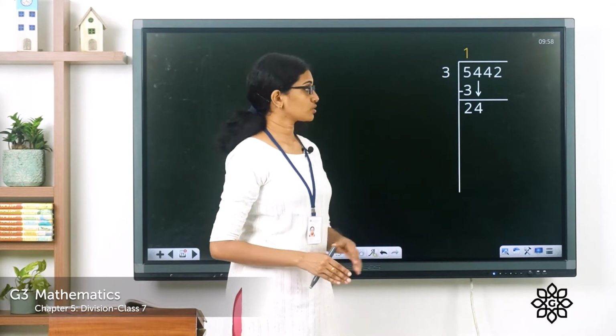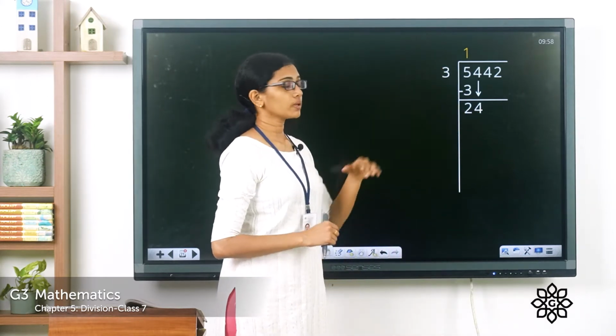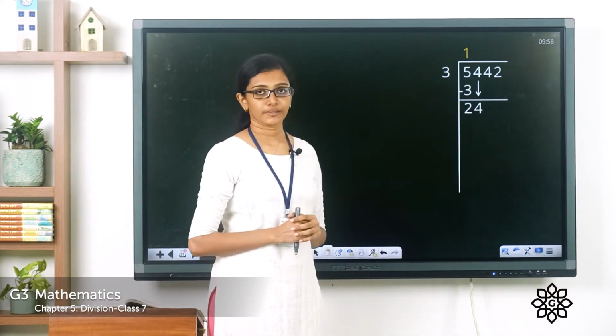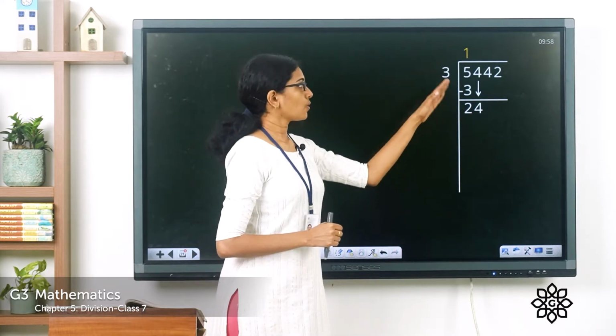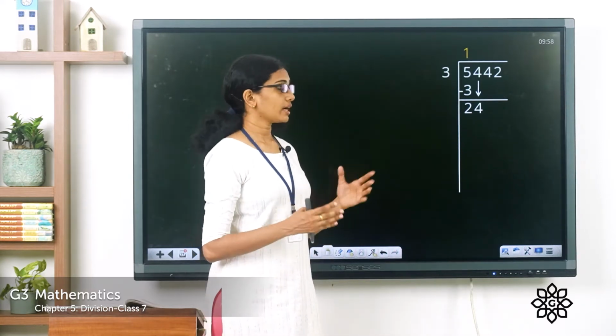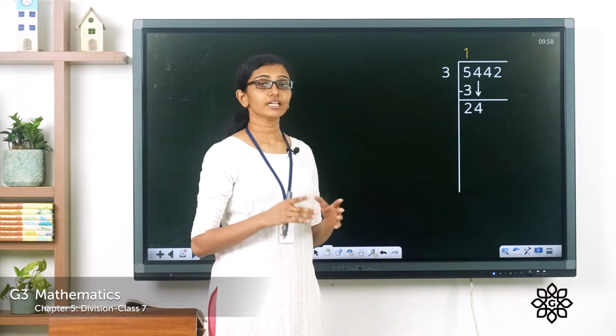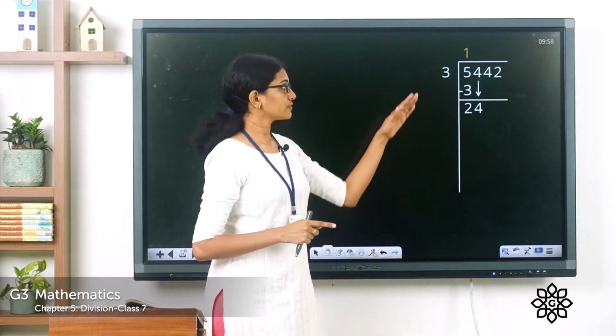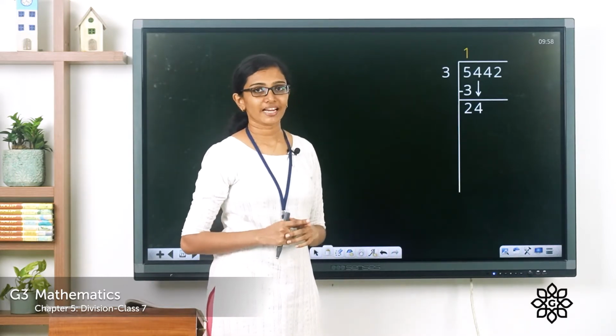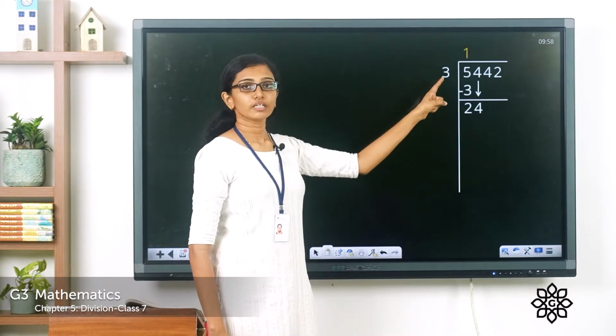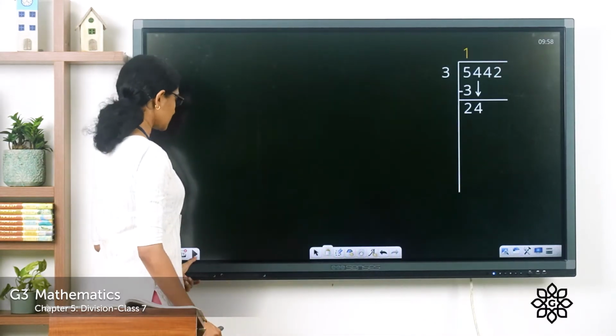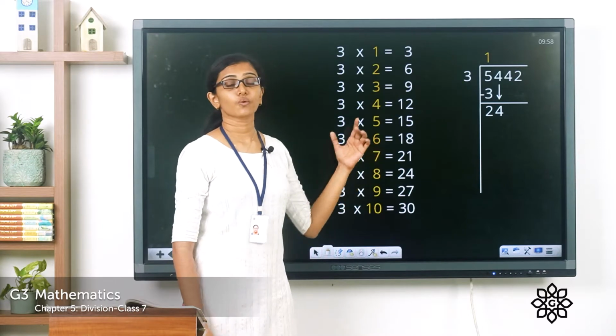Now the next step is to divide this 24 with this divisor, which is 3. 24 divided by 3. So when you are dividing a number with a divisor, you have to recite the table of the divisor. So let's recite the table of 3. 3 1's are 3. 3 2's are 6, 3 3's are 9, 3 4's are 12.